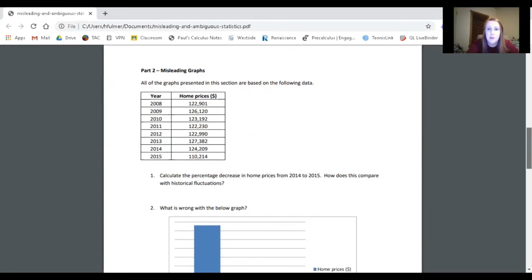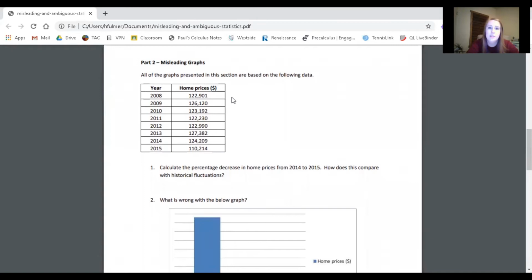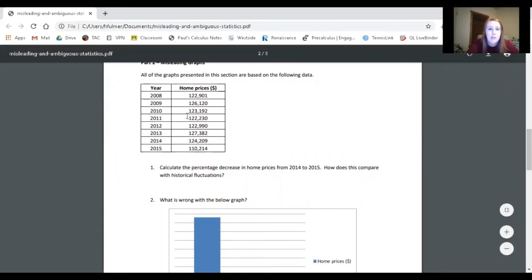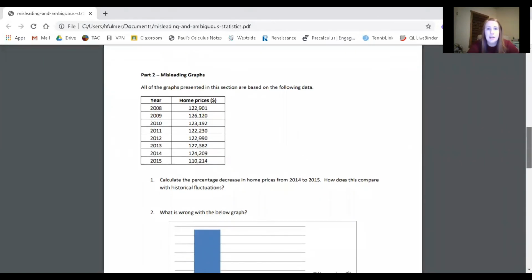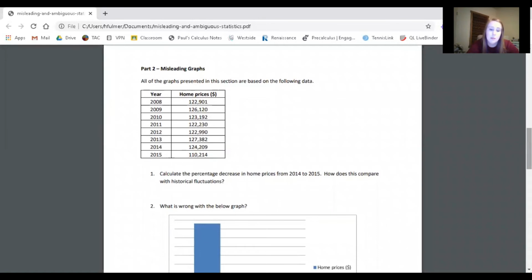There might be some graphs and charts and such online that you can see about the coronavirus. So these graphs are not about that, but it just goes to show that being able to interpret data and interpret graphs is going to be really important in the real world.